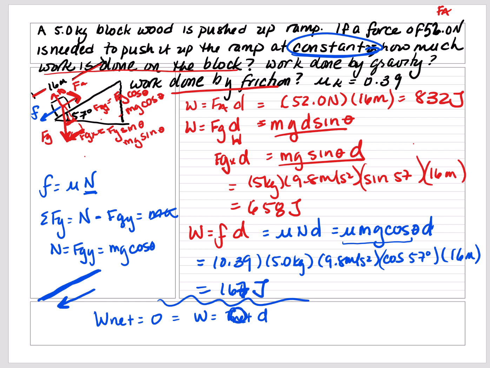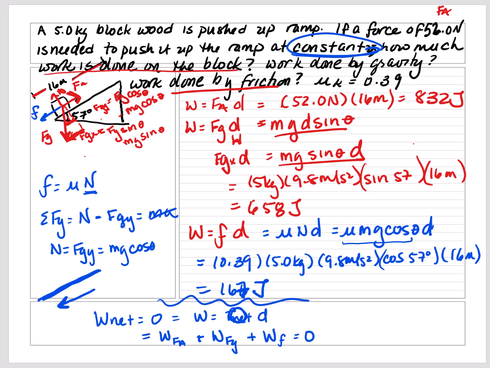So 0 times d is 0. And what is my work net? I have work from the applied force. I have work from the gravitational force, or the force due to weight. And I have work due to friction. This is equal to 0.